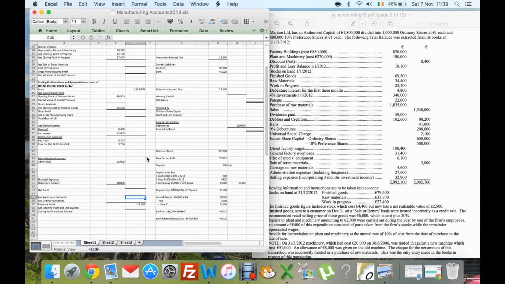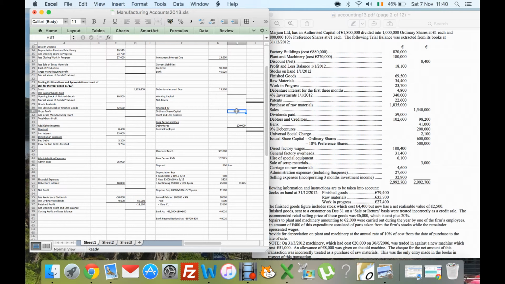So the preference dividends we said is minus 50, and the remaining 9 grand is for the ordinary shareholders. So that means 59 grand. That's my 59 grand total. They would expect you to separate them into the two because you're given two different types of shares. While I'm dealing with that, I'll put my shares in as well. So 600 and 500.